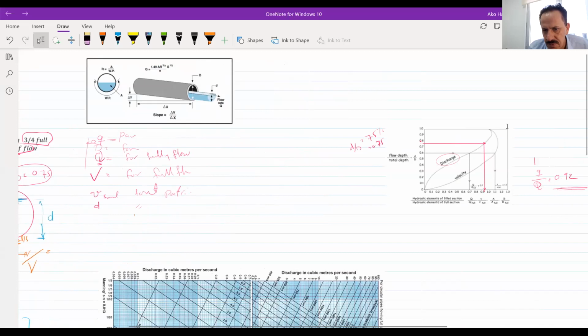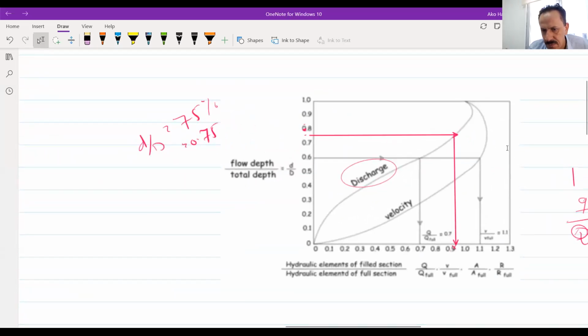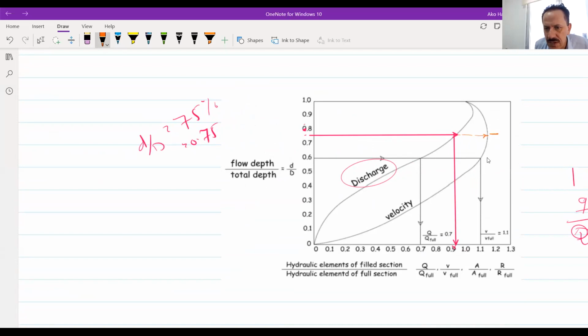Here's the partial flow diagram. You can see that d over D here is equal to 7.5. This is for discharge, and this is the curve for v over capital V. What will be the value? v over capital V will be equal to 1.15.